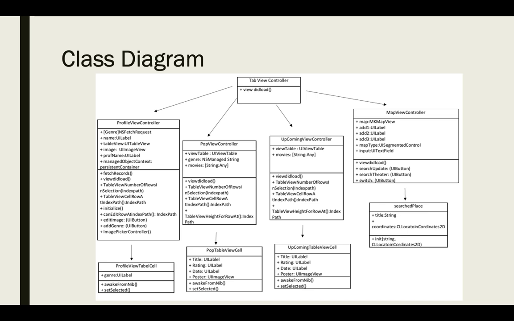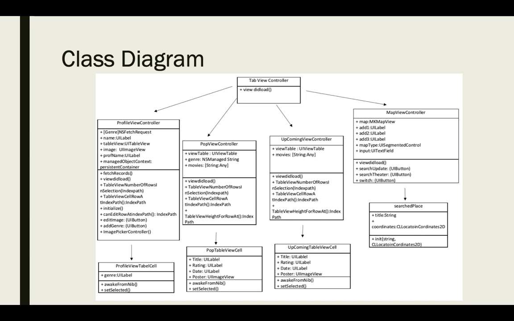And then the pop view controller would be what's popular showing right now. It's basically a view table which has a cell in it with information about the movie that's out right now.